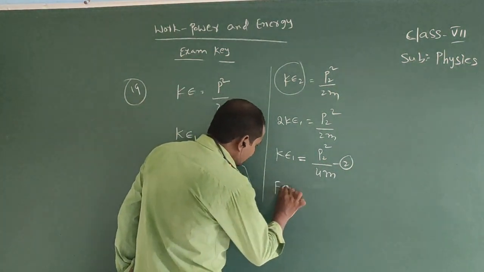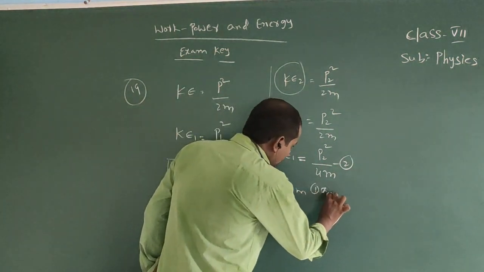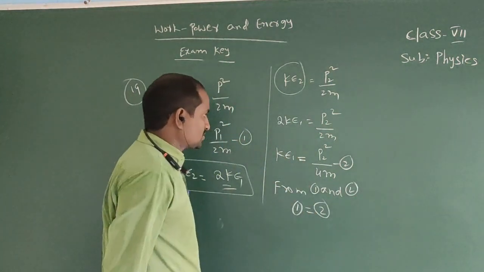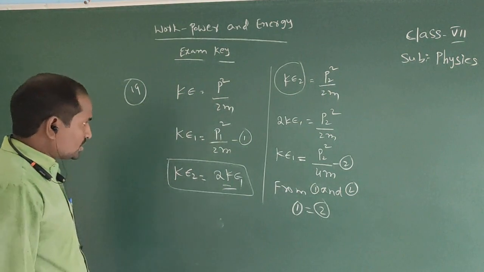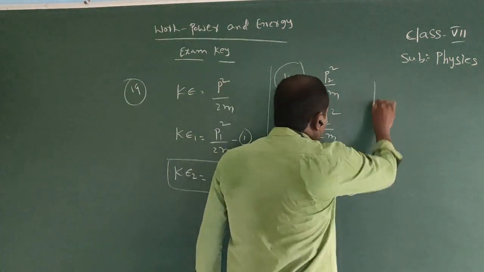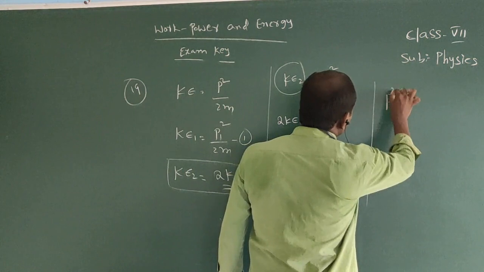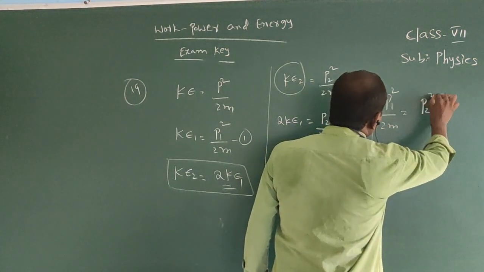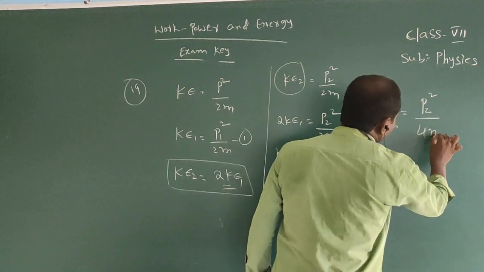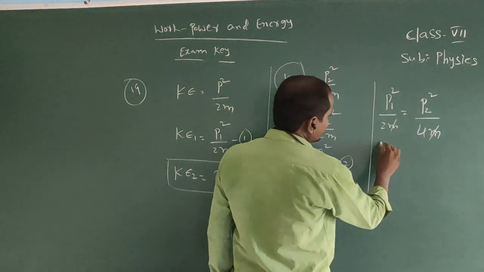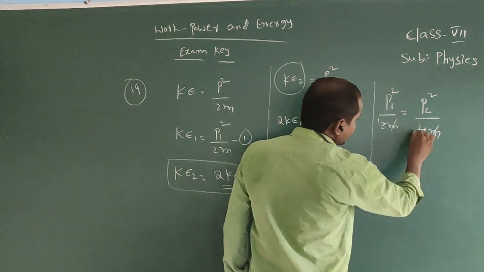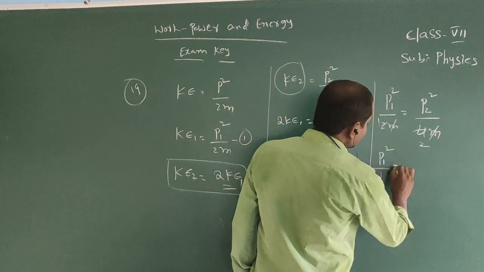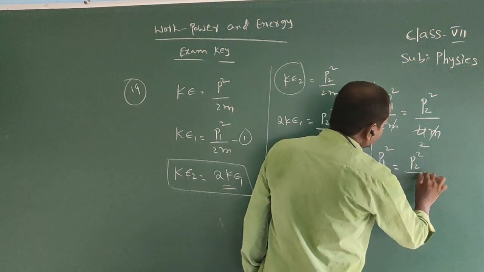So from equations 1 and 2, equation number 1 equals equation number 2. That means P1 square by 2m equals P2 square by 4m. m gets cancelled. Two ones here, two twos. So here P1 square by 1 equals P2 square by 2.